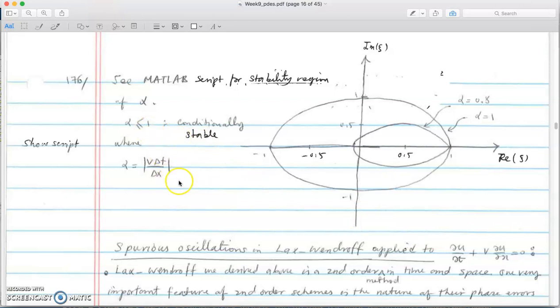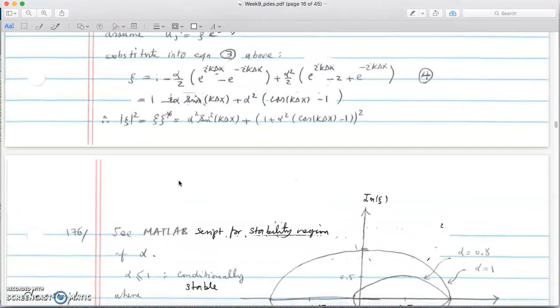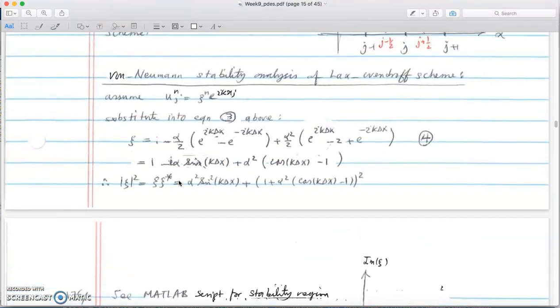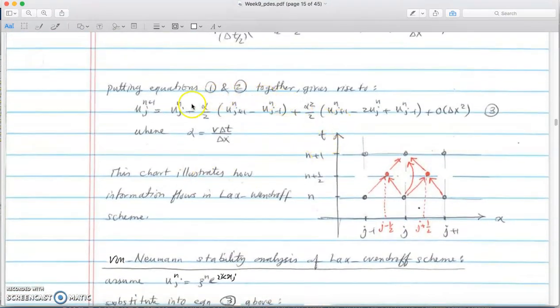Alright, so now what I'm going to show you is a Matlab script that we can use to see the solution of the advection equation using Lax-Wendroff. So basically I implemented this equation in Matlab, and we're going to look at one example where we have a half cosine wave propagating from one direction.